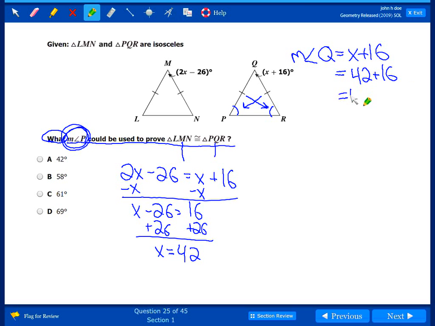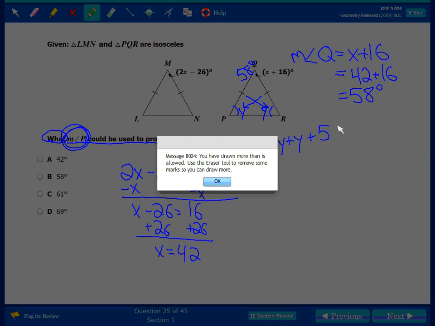So it's equal to 58 degrees. So if I want to finish this, we'll call these two angles y, plus 58.